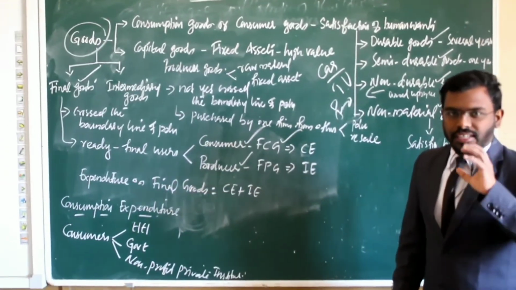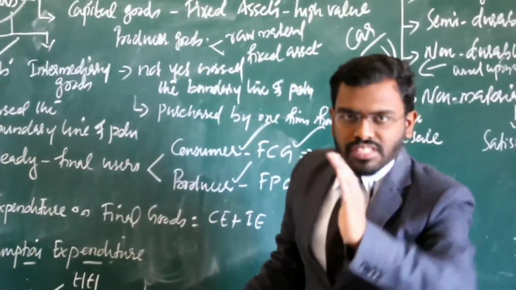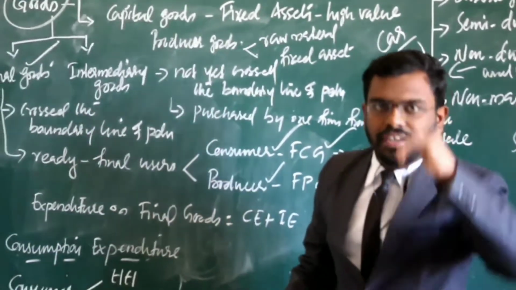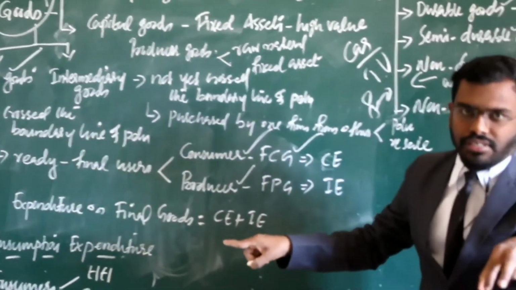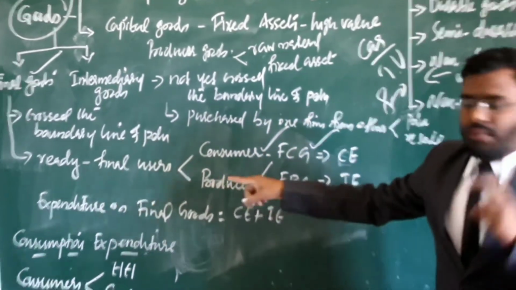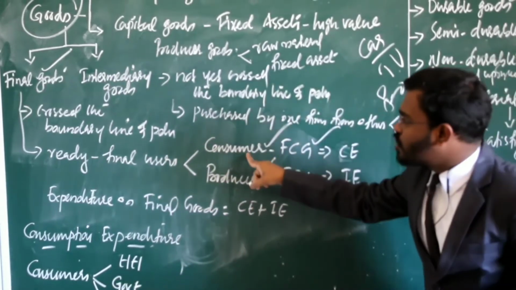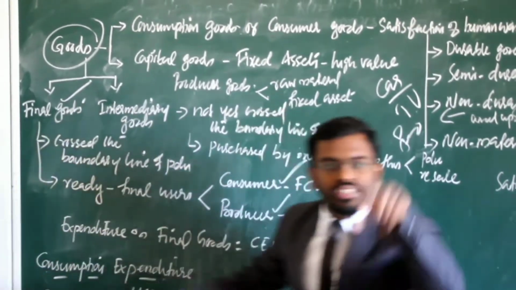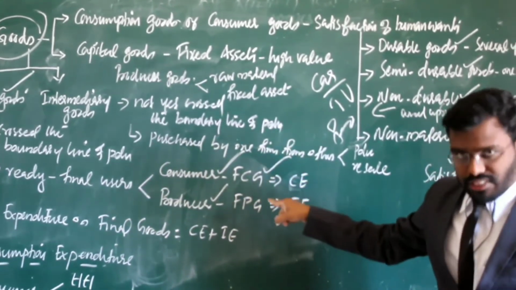Got it? Final goods are the goods which have crossed the boundary line of production and are ready for their final users. These final users are of two types: consumer and producer. When consumers demand a final good, that final good is known as a final consumer good.